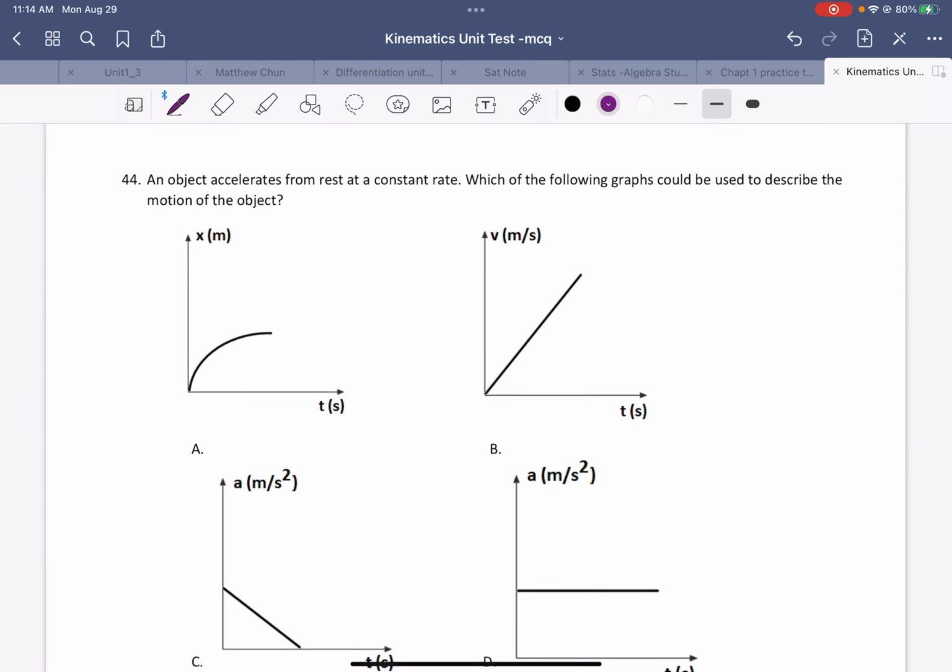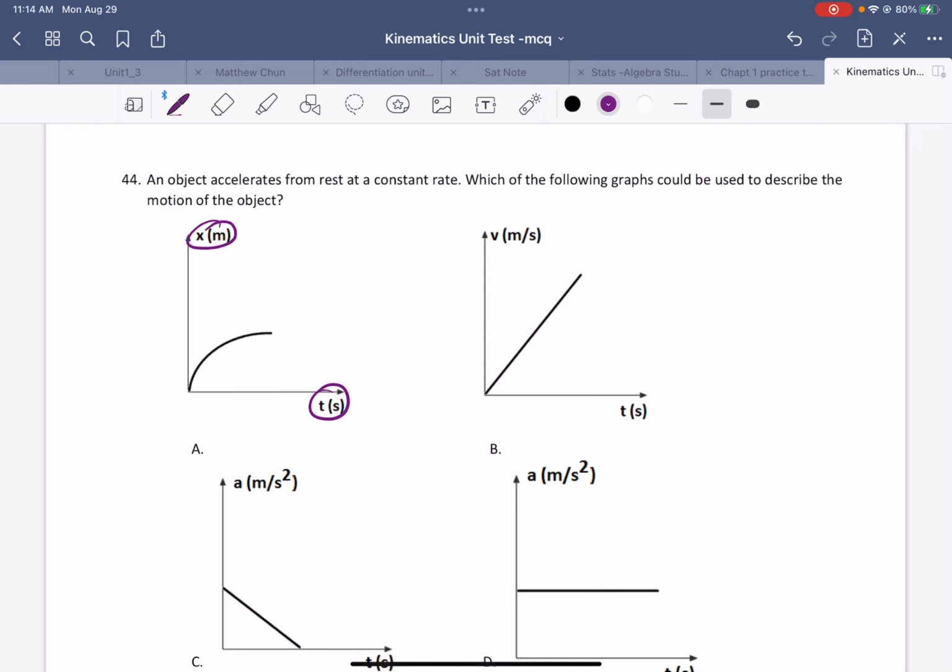Number 44, next one. An object accelerates from rest at a constant rate, and which of the graphs could be used to describe the motion? So this one is an x-t graph. And it says accelerate from rest.